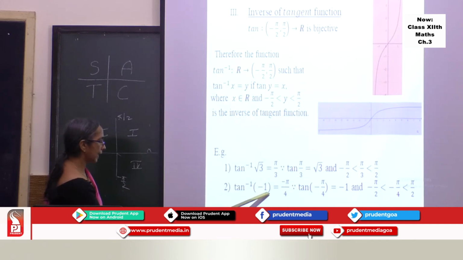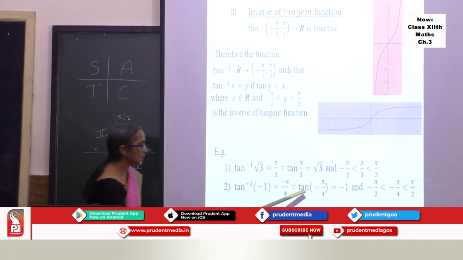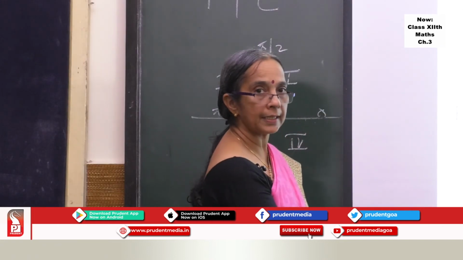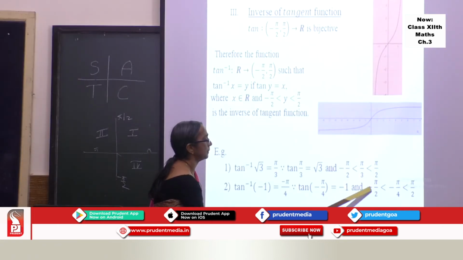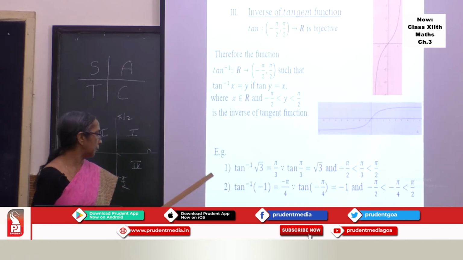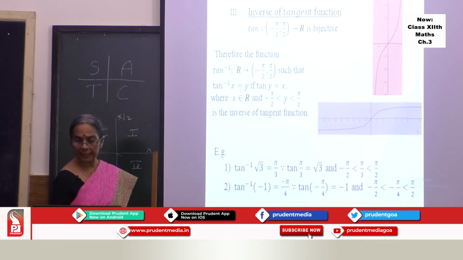And tan inverse of a negative value, negative pi by 4, because tan of negative pi by 4 is negative 1, and negative pi by 4 lies between minus pi by 2 and pi by 2. So, two examples, one positive, one negative.